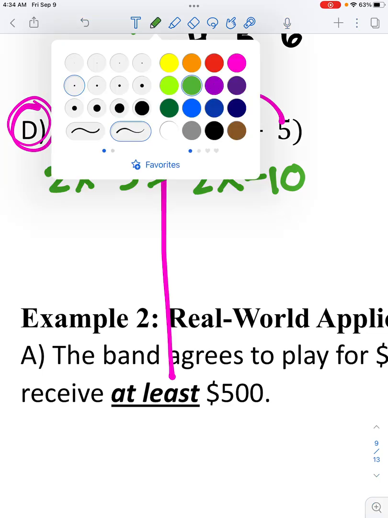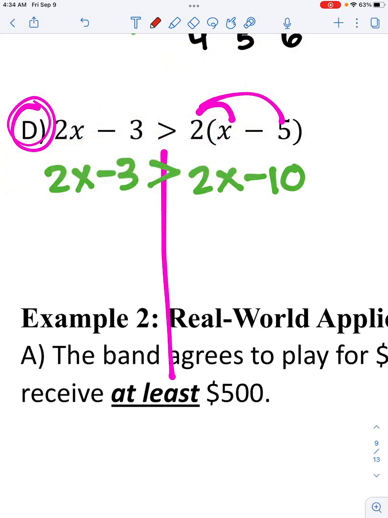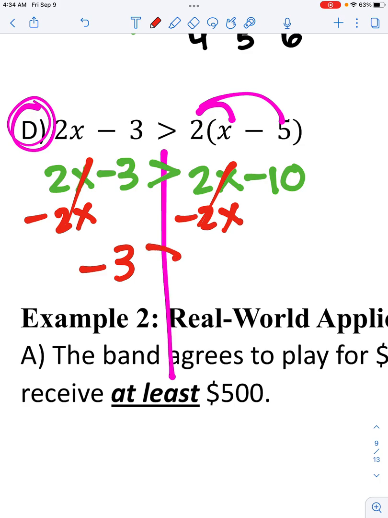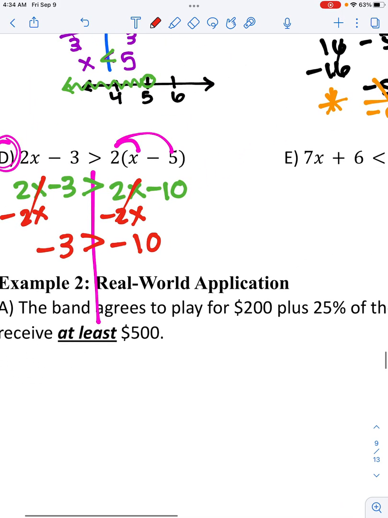You might be able to see already that 2x and 2x are the same here and here. Subtracting 3 and subtracting 10 are not going to give the same result. But if we go through the solving steps and I subtract 2x, those would both cross off, and I would just be left with negative 3 is greater than negative 10. So I've lost my x, and I just have an inequality statement.